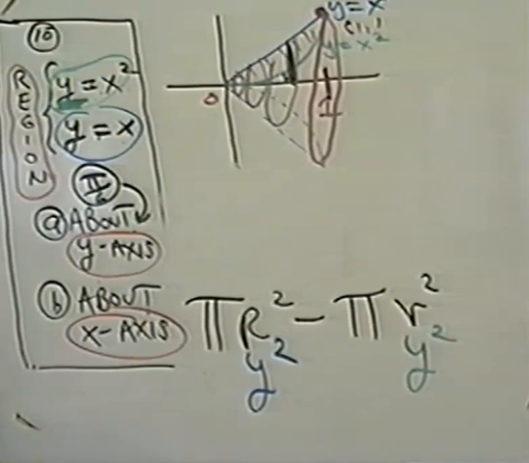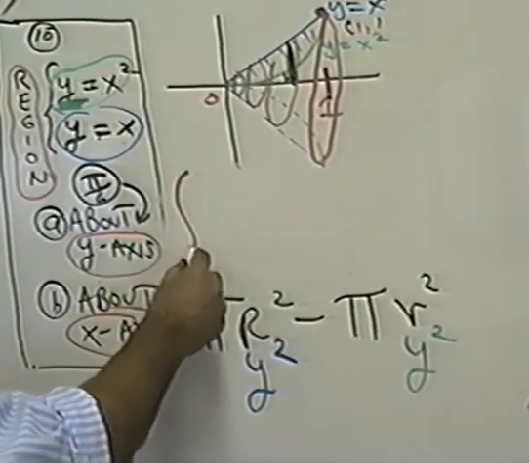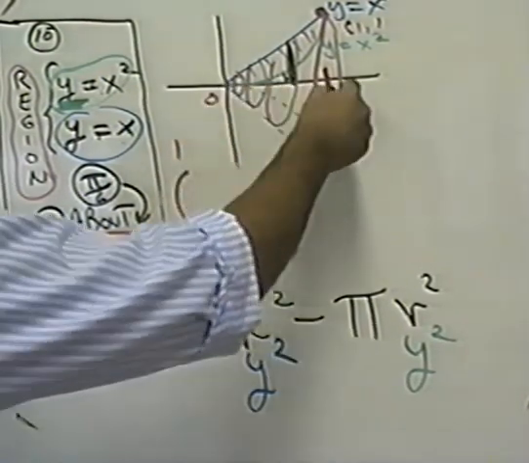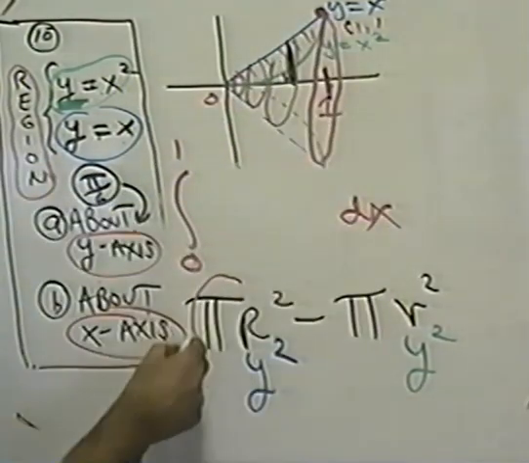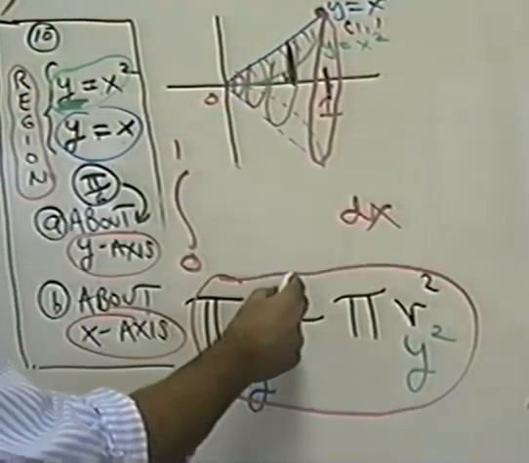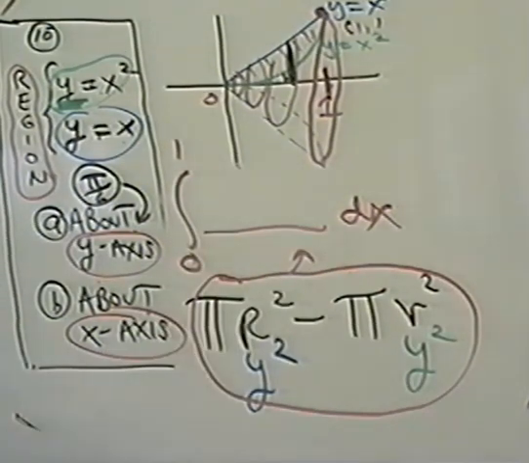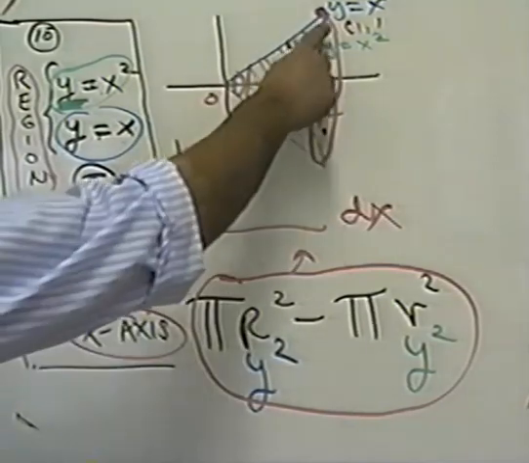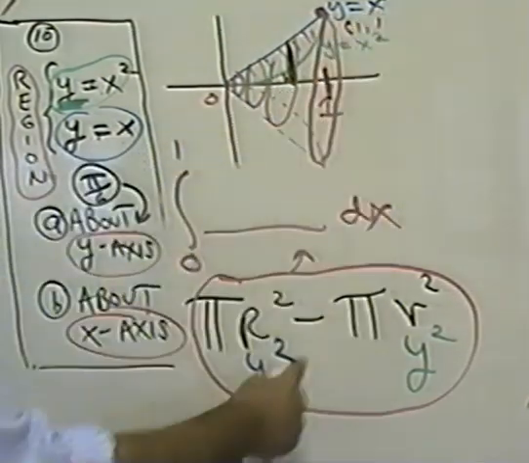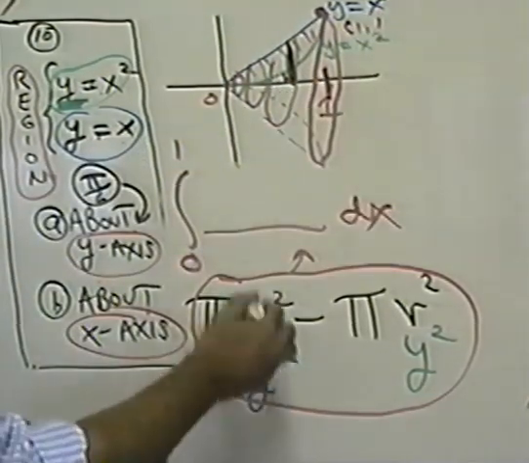It's going to look like the integral from 0 to 1 along the x-axis, and here is the cross-sectional areas that I'm adding up. So that's going to be pi blue y squared, but the blue y's equal the x's, so that's going to be pi x squared.